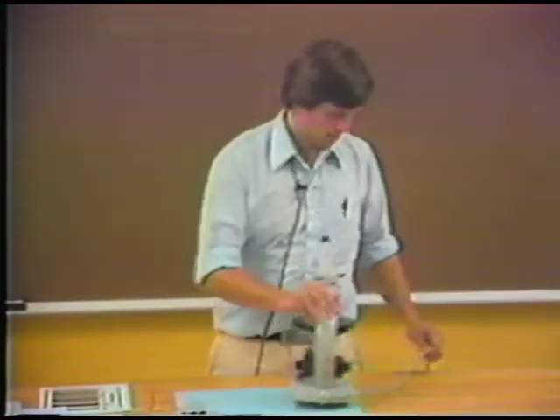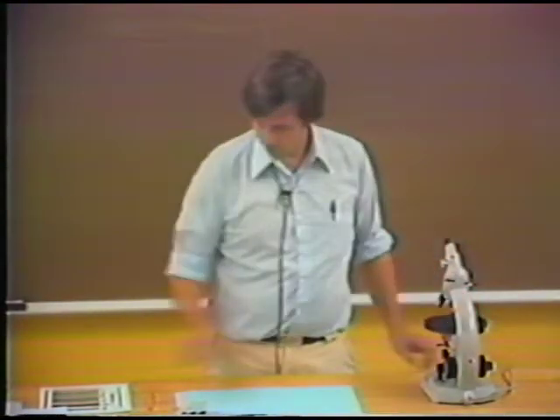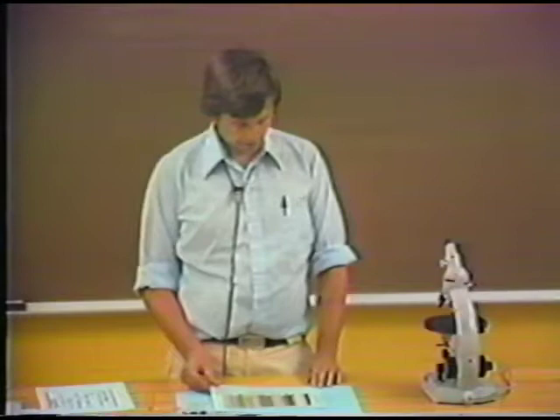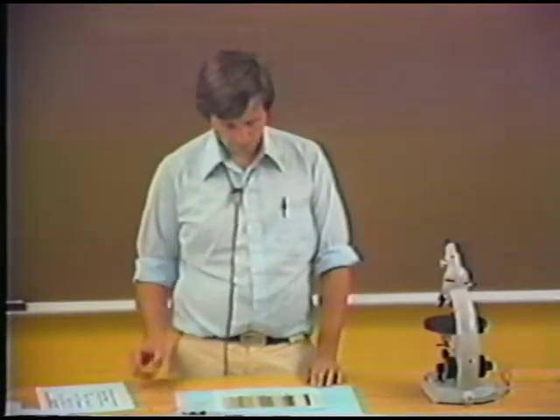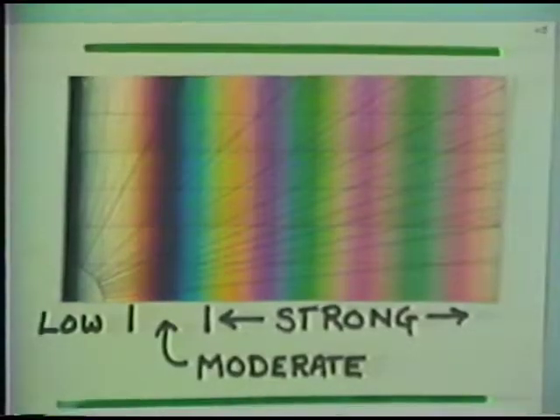So then, just as a refresher, we look back at this interference color chart and show the boundaries between the different kinds of birefringence: low or weak birefringence, down in this first order color range.